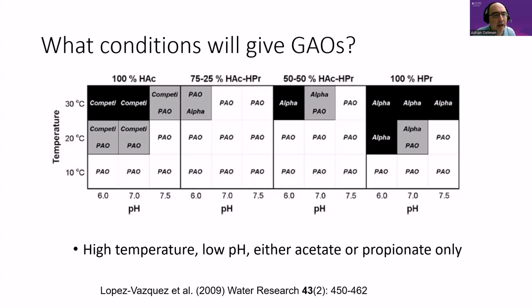So then at 30 degrees C, there was an increased number of situations, especially with the extreme of just 100% either acetate or propionate carbon sources, where growth of Competibacter or Defluviicoccus GAOs over POWs was more commonly observed. And notably, though, this could still be controlled at moderate pH levels, effectively at high temperature, with mixtures of carbon sources and moderate to high pH levels.